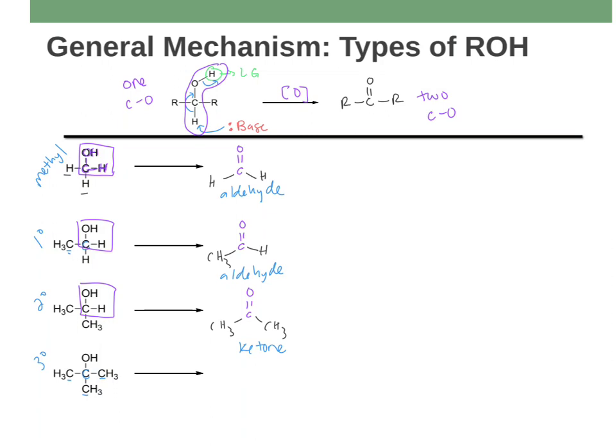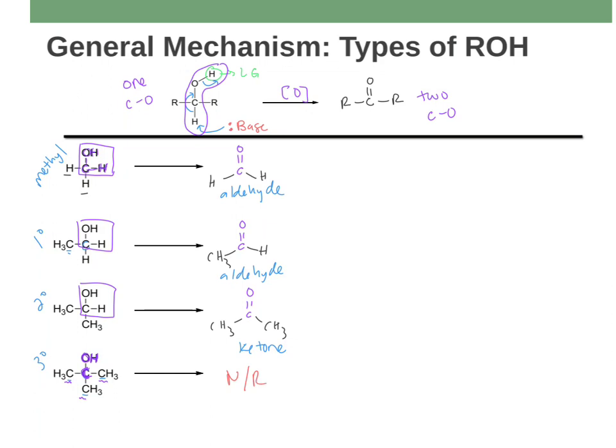And then if I go down and look at my tertiary alcohol, I've got a carbon with an OH attached to it, but that carbon itself does not have an H attached to it directly. It only has a carbon and a carbon and a carbon group, right? So since I do not have a carbon with an OH and an H on it, this one is going to be no reaction.